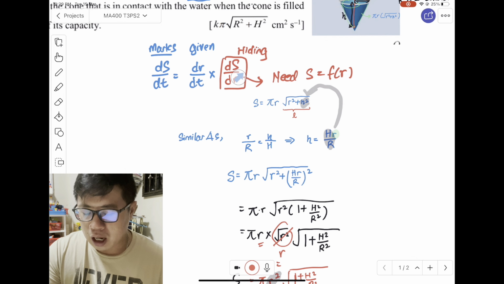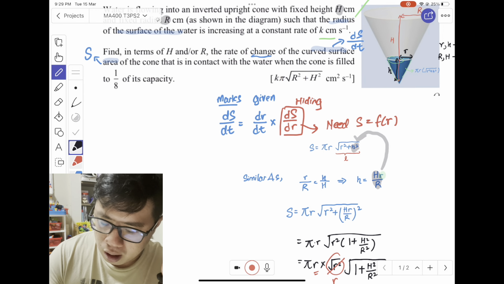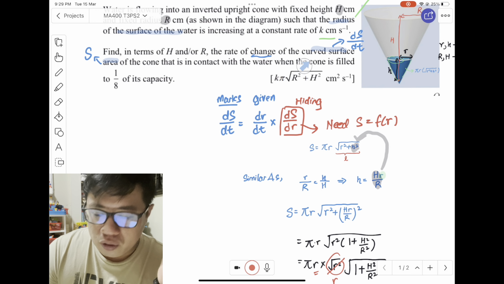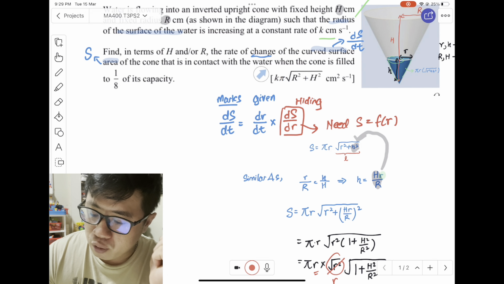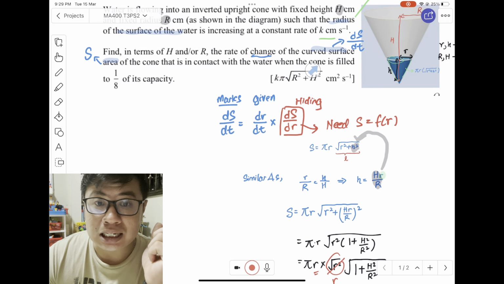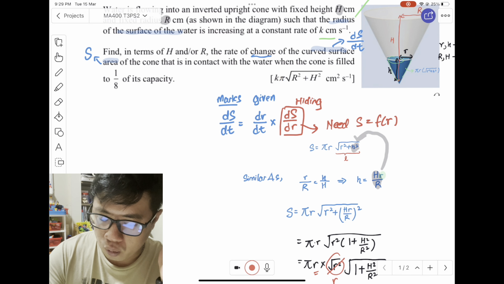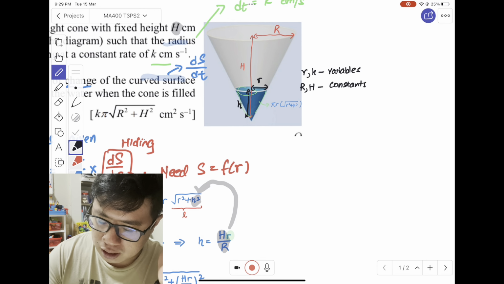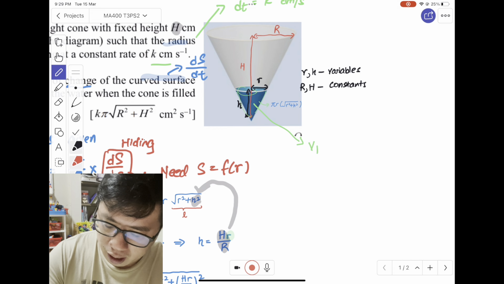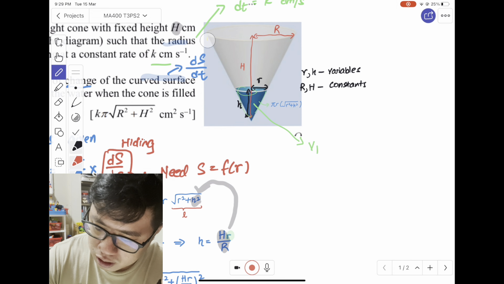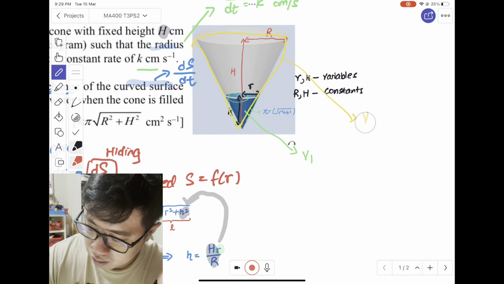Alright, so back in the game plan, we have found our ds/dr. Now what remains is the value for me to substitute in. The numerical value here, or that time which they tell me is in contact with the water, is when the cone is filled to 1/8 of its capacity. It means that, let's say if I consider this as the smaller volume, and perhaps let me use yellow, and maybe this as the bigger volume.